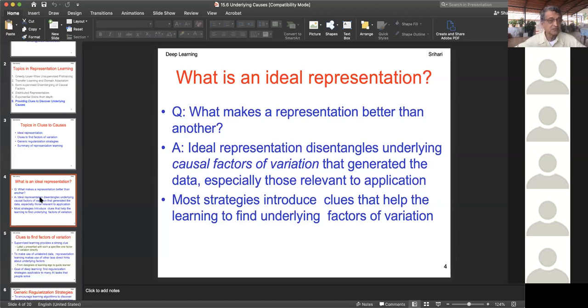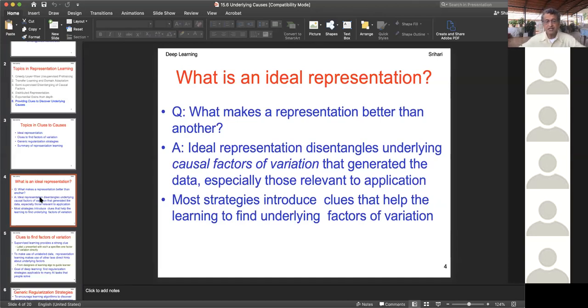So we are now asking the question, what kind of representation should it learn? So it says an ideal representation disentangles underlying causal factors of variation that generated the data, especially those relevant to the application, right? So it learns the causal factors of variation, right? You're trying to recognize people, maybe glasses helps and male, female helps and so on for that application.